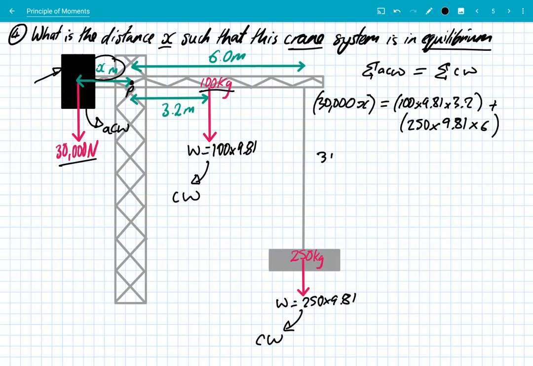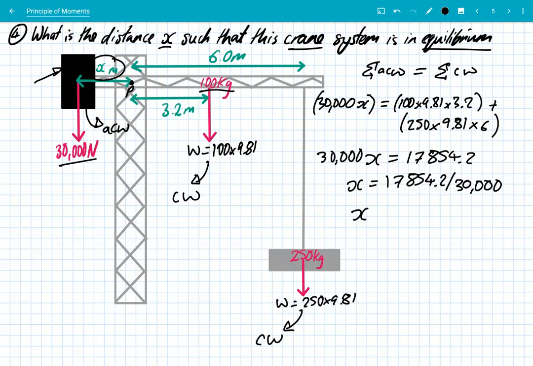And we get left with 30,000x is equal to 17,854.2. So x is simply 17,854.2 divided by 30,000. And we get a value for x of 0.6 meters.